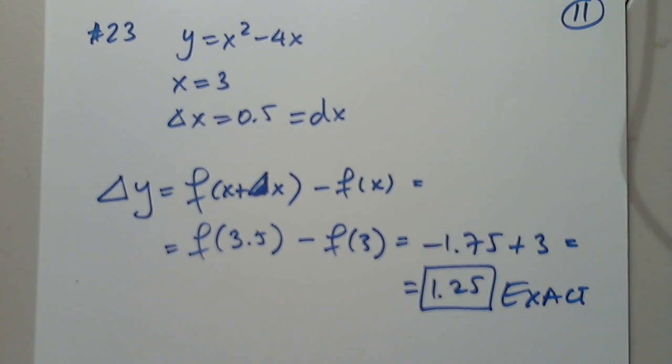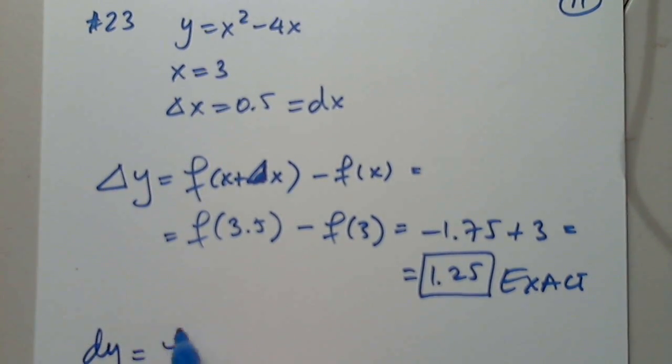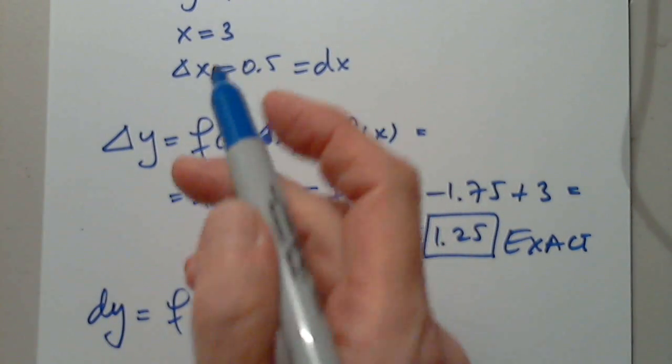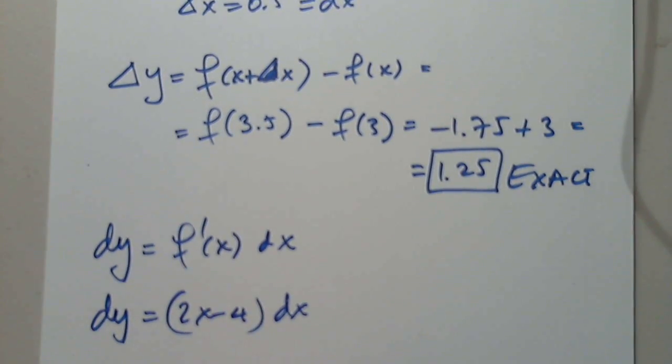Now we want to approximate this with dy. So dy by definition is f prime of x times dx. So f prime is 2x minus 4, and dx is dx. To determine the differential of y, all I have to do is say 2 times 3 is 6, 6 minus 4 is 2, times 0.5.